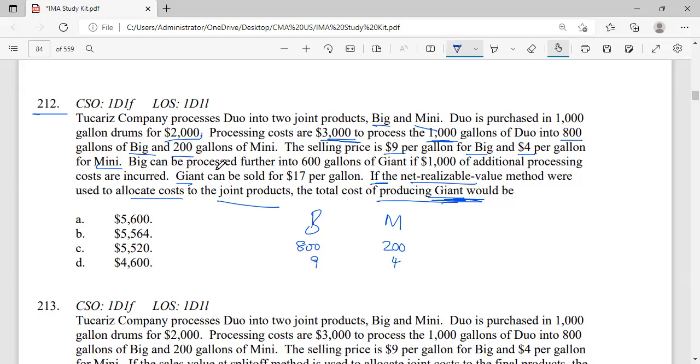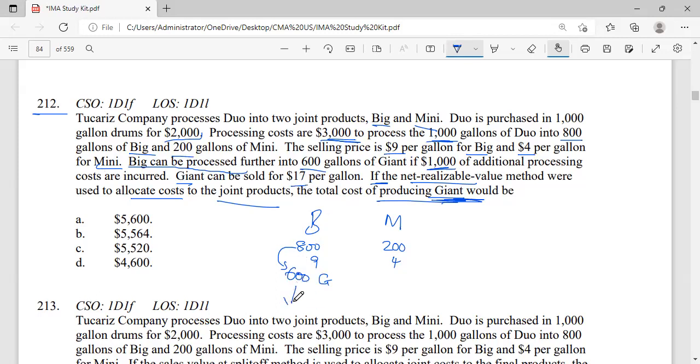Big can be processed further into 600 gallons. So I can process this 800 gallons and make it 600 gallons of giant. So big will become giant next, so this is going to become G here. If $1,000 of additional processing costs are incurred, giant can be sold for $17 per gallon.